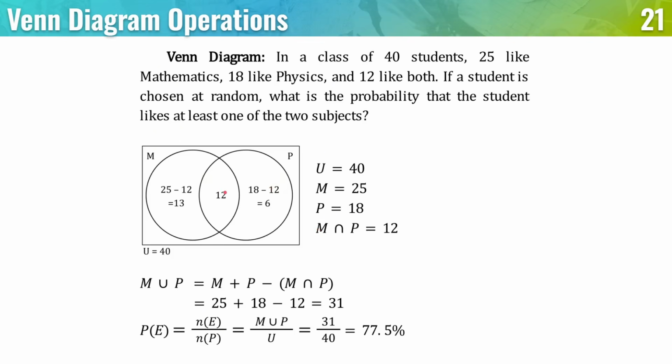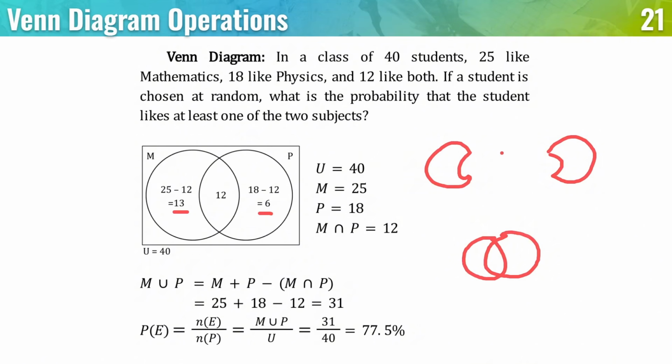So this is our Venn diagram now. 25 for math minus 12 is equal to 13. So 13 like math only. 18 minus 12 is 6, representing the people that like physics only. So now we have this part and this part. In order to find this whole part, which is the union, we need to add it to the intersection.